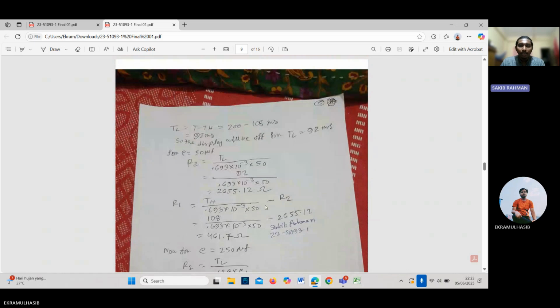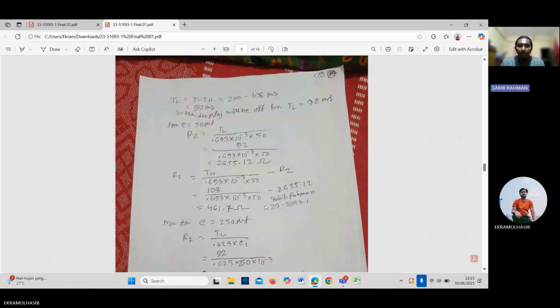In the display, we can find the R2. For the R2, I have to find it from TL, which is 655.12 ohm.